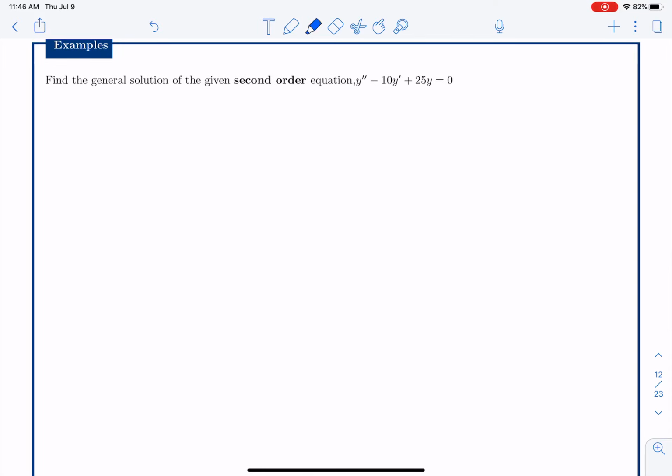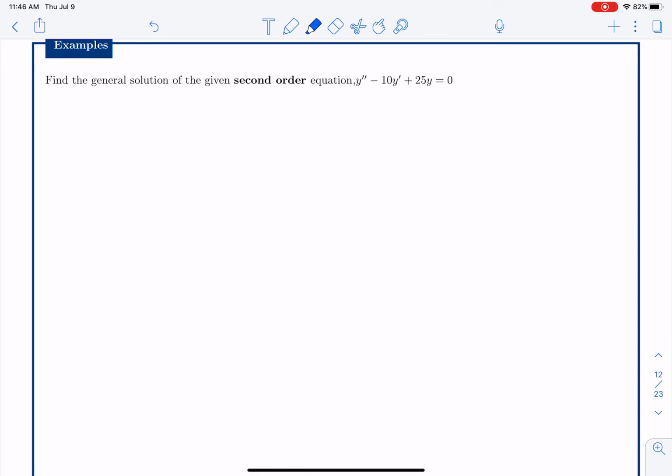So the auxiliary equation here is m squared minus 10m plus 25 equals 0. Could we factor this? Yes. I could write it as m minus 5 times m minus 5 equals 0. Set the factors equal to 0 and solve for m.